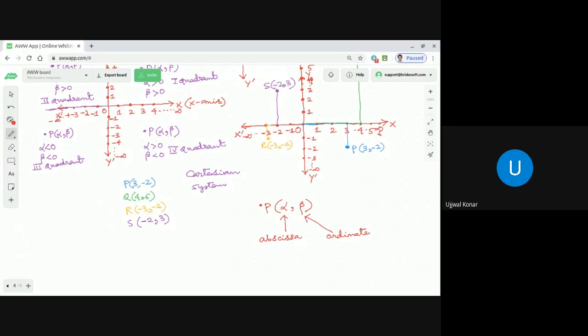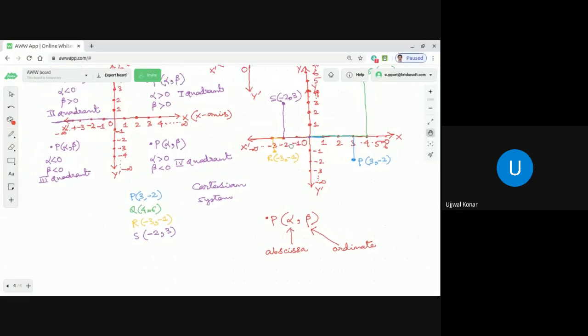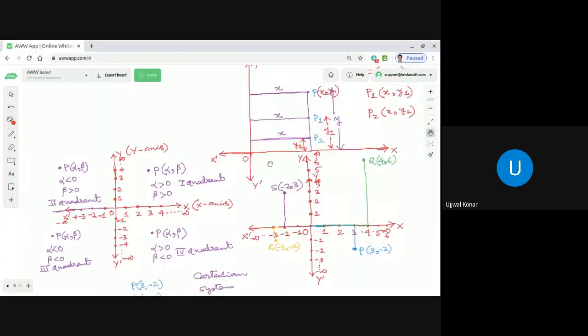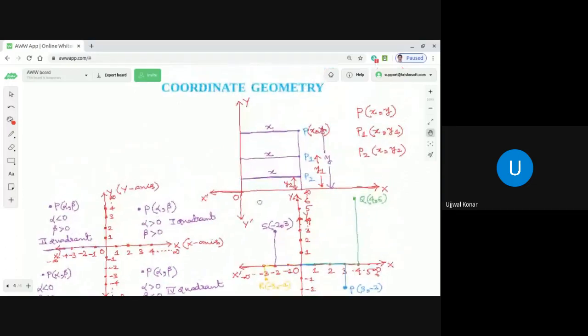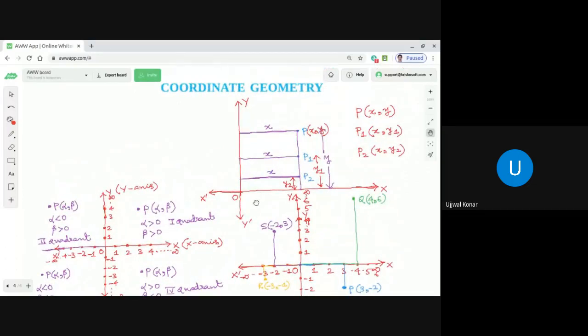As you know, I always emphasize self-study. Before our next class, day after tomorrow, I expect that you complete 2 DPPs from coordinate geometry. The DPPs are available on the online test platform. You are aware of it.